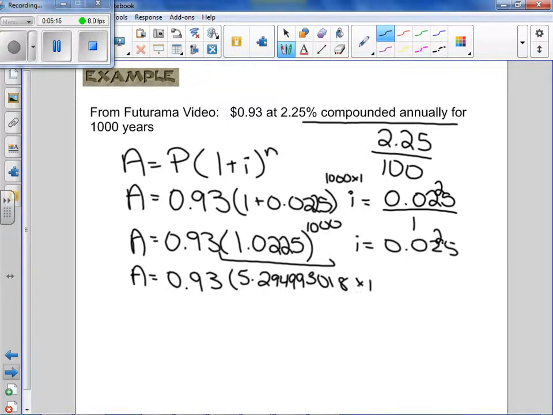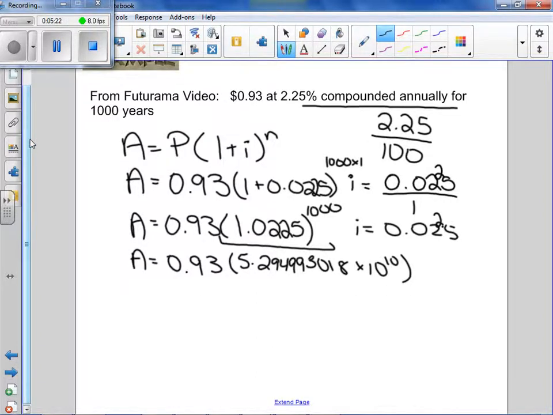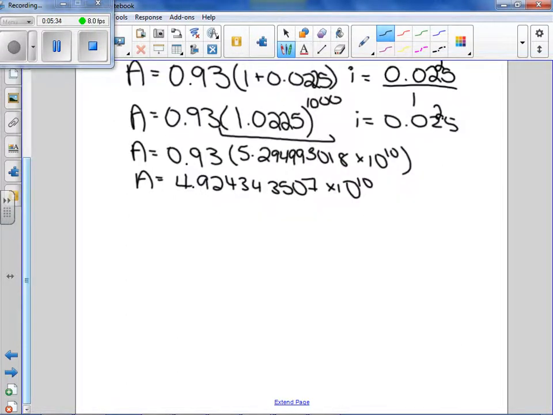5.294993018 times 10 to the 10. Now, I would leave that on my calculator and then just multiply. I get 4.924343507 times 10 to the 10. What that means is, really, if I write this decimal out again, so I'm going to write it a little bit bigger.